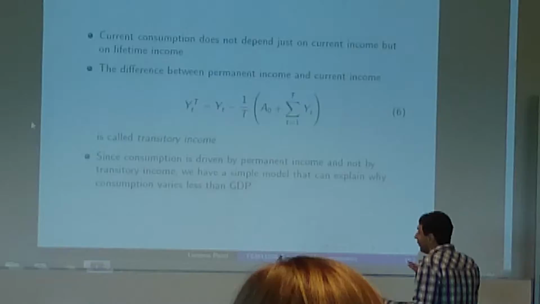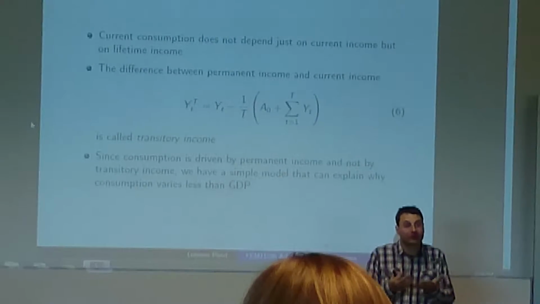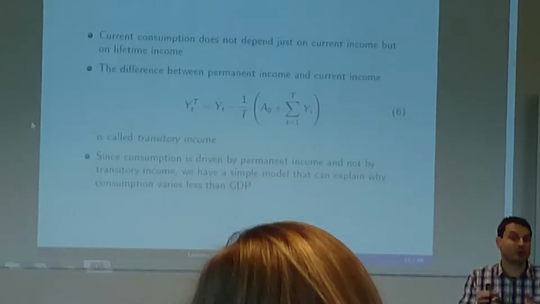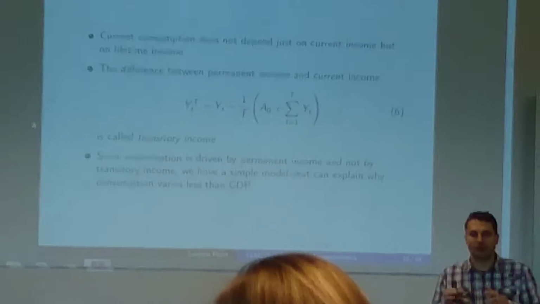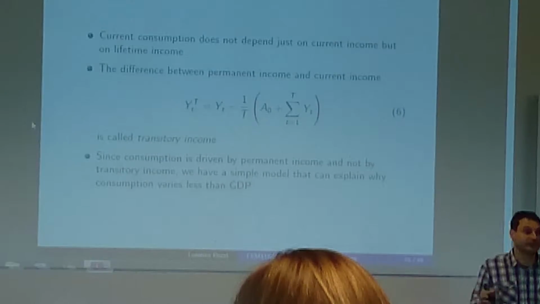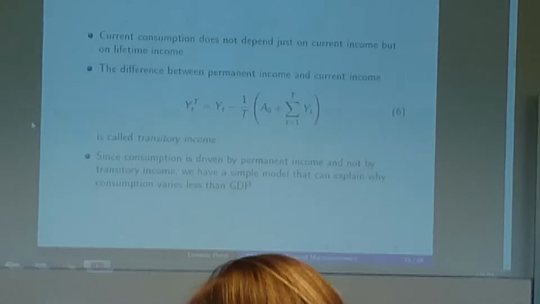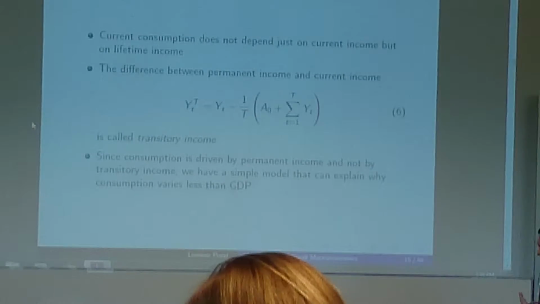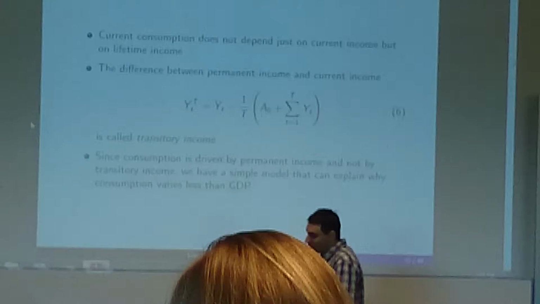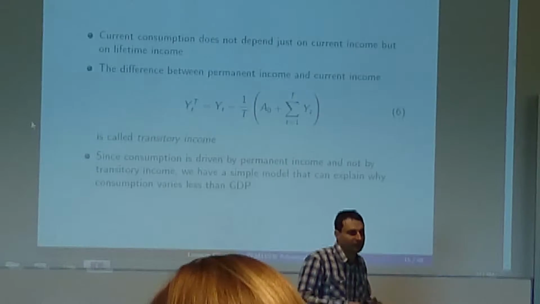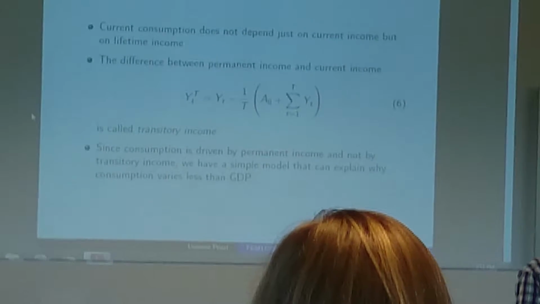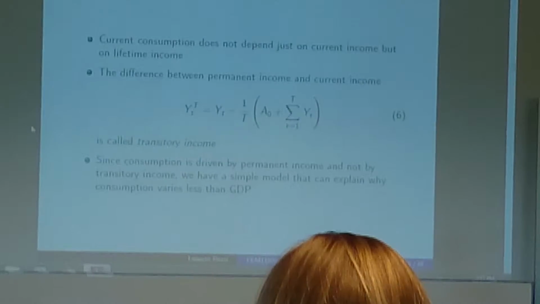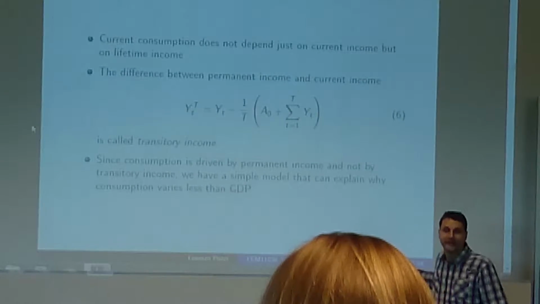Well, one reason why that is the case is that according to the permanent income hypothesis, consumption is not based on current income, which could fluctuate a lot, but rather on this average of income, which will fluctuate much less, because it's an average. So all transitory variability will be out of there. So the permanent income hypothesis can explain why consumption varies relatively little, because according to this theory consumption is based on permanent income, which is much less variable than current, actual income.